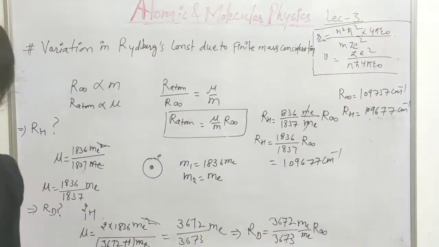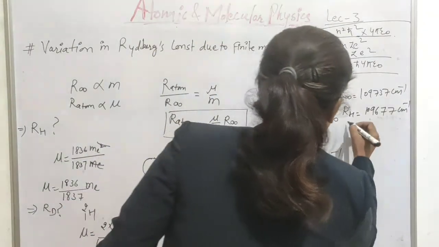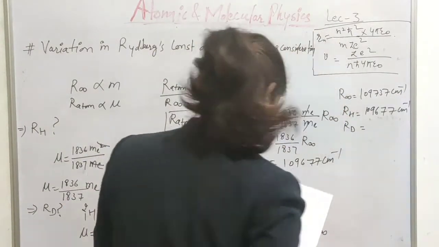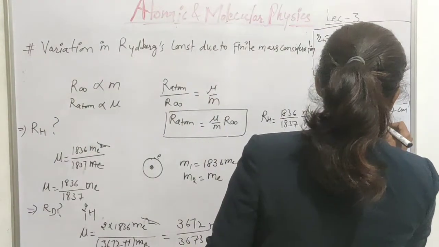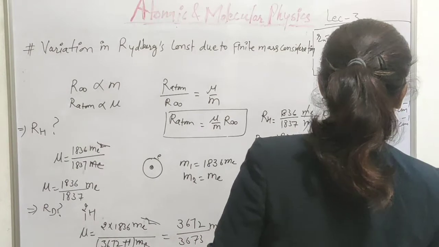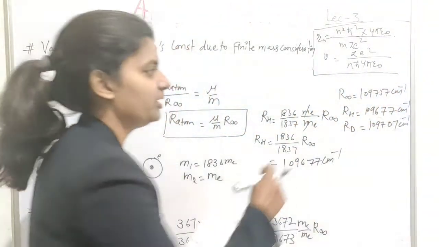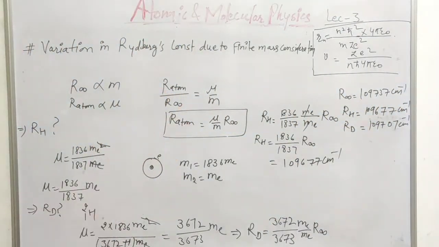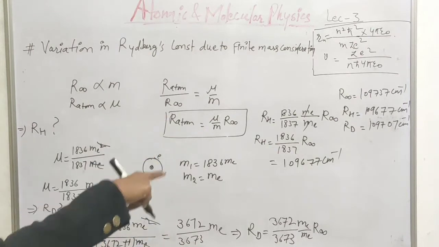After solving, for deuterium it comes out to be 109707 centimeter inverse. So this is the value of Rydberg constant for deuterium.